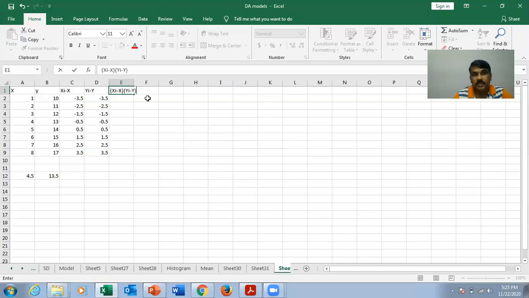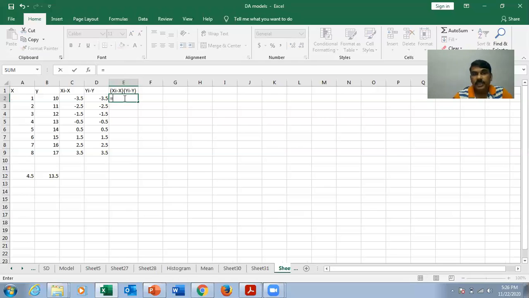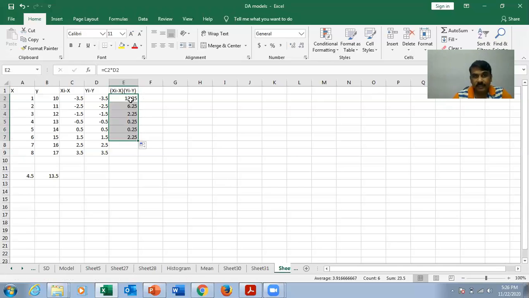So this is what I want to put in this particular formula. So equal to sign, this value multiplied by this value. Enter. Now again, I just have to drag that cell.